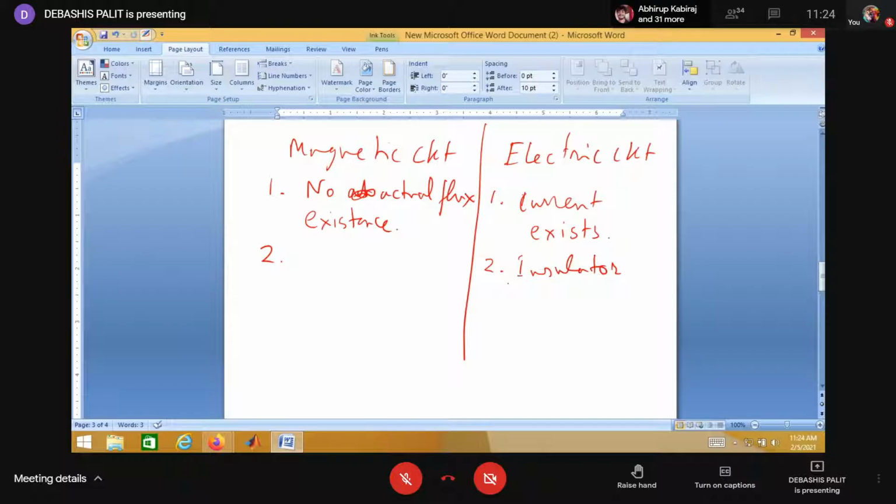Between bare conductors, varnish insulation is there. From one turn to another turn, paper insulation is there. When an insulated conductor is wound on a coil former, there must be some insulation. It offers insulation resistance, but there is no magnetic insulator. Flux can be set up even in air.